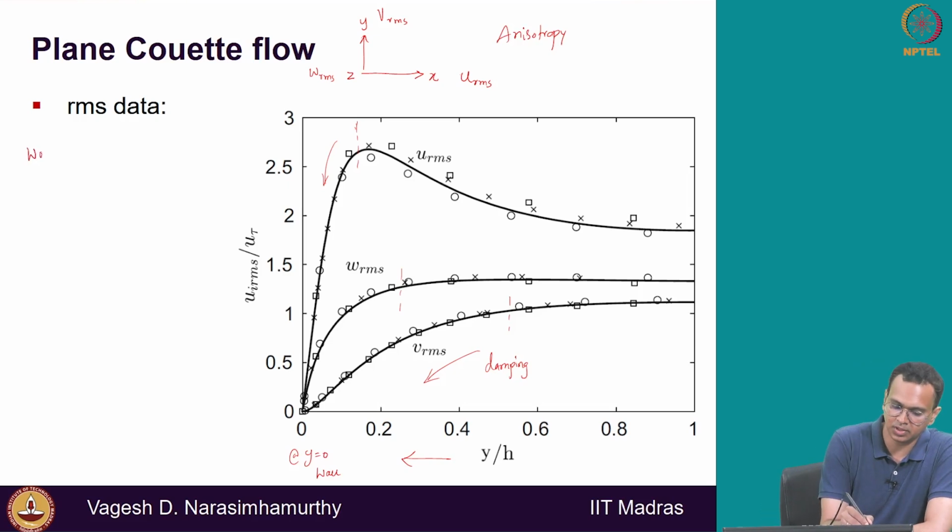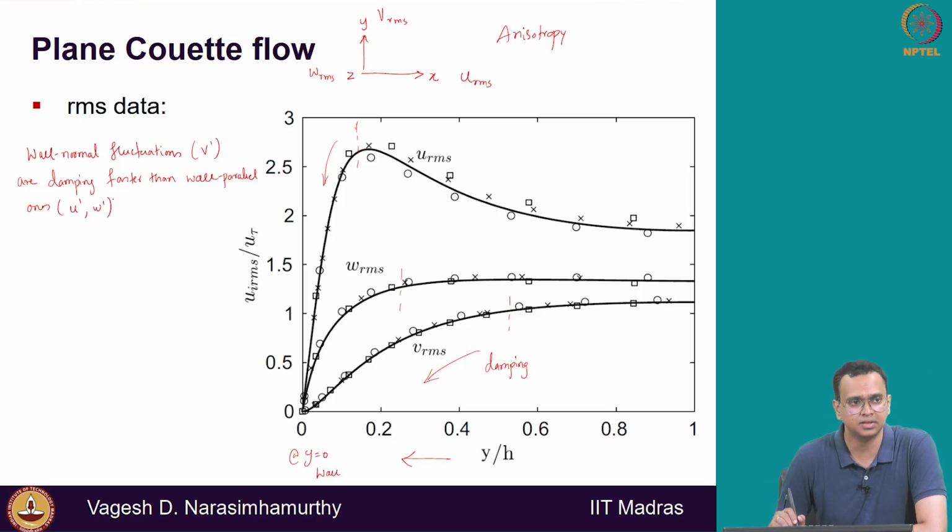So the wall normal fluctuation, that is your V prime, is damping faster than the wall parallel ones, which are your U prime and W prime.